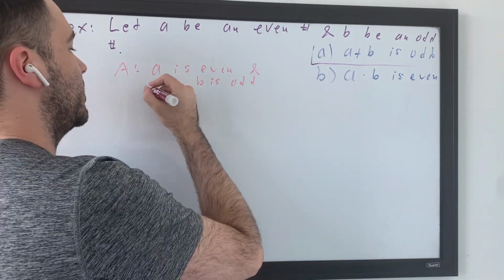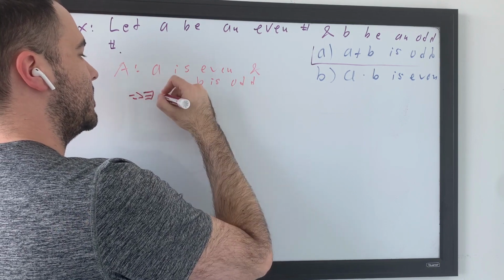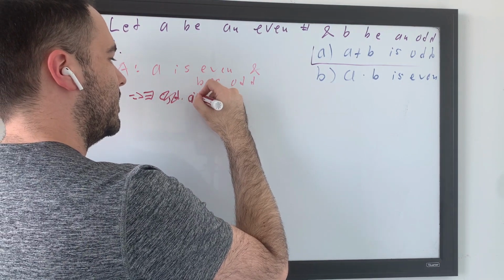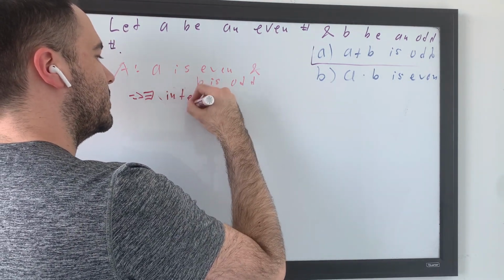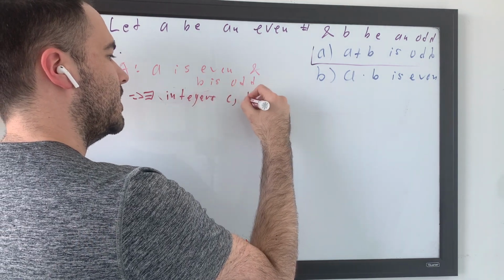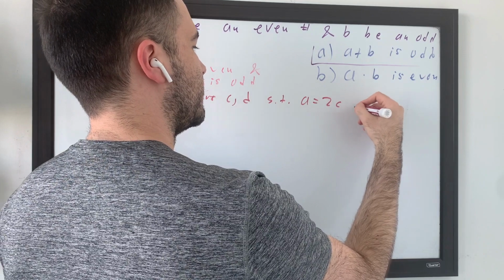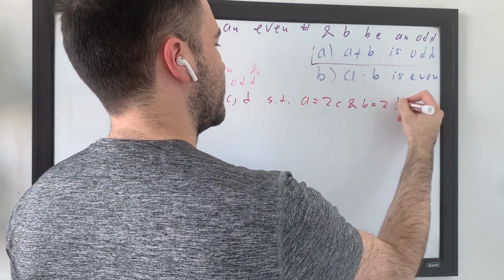So working forwards, we need to state that this means there exist integers C, D such that A is equal to 2 times C and B is equal to 2 times D plus 1.